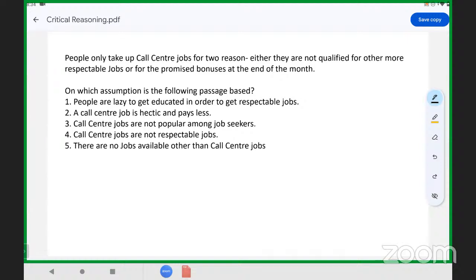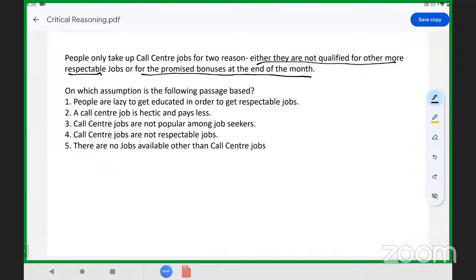So this is the last question. People only take up call center jobs for two reasons: either they are not qualified for other more respectable jobs, or for the promised bonuses at the end of the month.